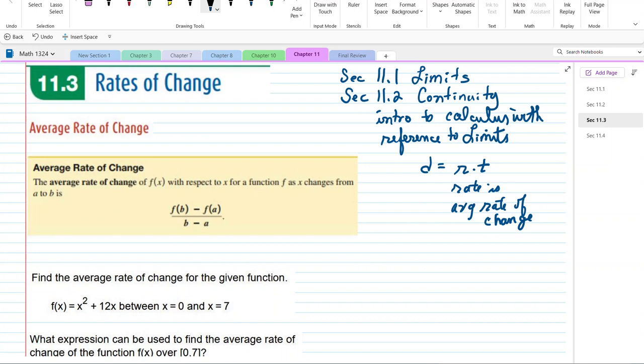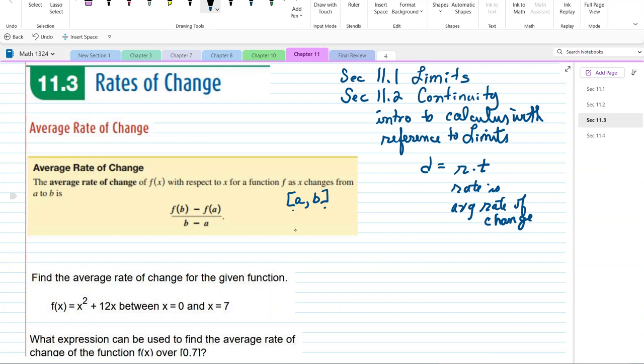So we're going to start with the average rate of change. And we're talking about this function. So in a closed interval, point A on x to B, we take f of B minus f of A and divide by the x values, B minus A, the destination minus the origin. And that'll give us the average, how much distance we've changed.